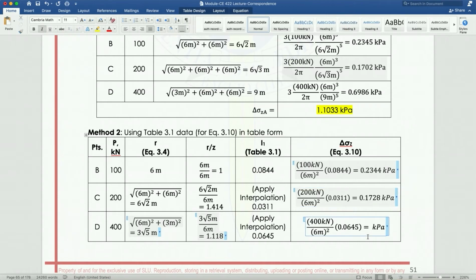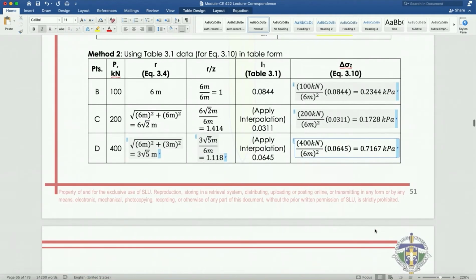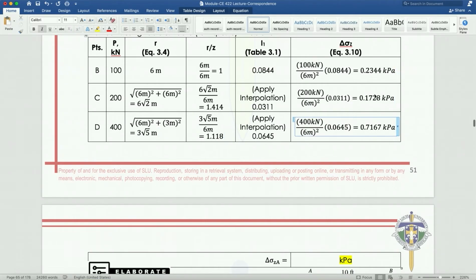Then lastly we have 400 times 0.0645, and that is equivalent to 0.7167. Now to get the change, just simply add these three.